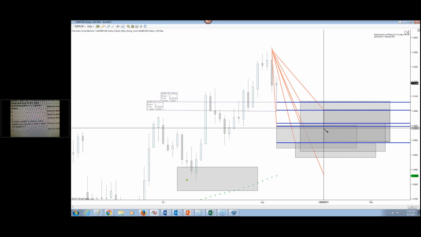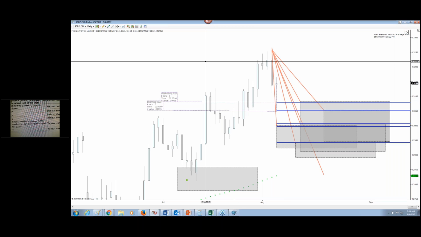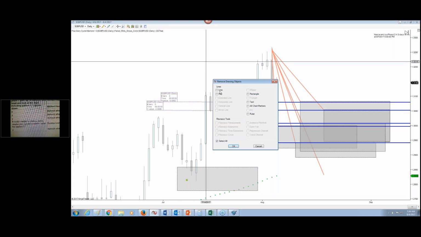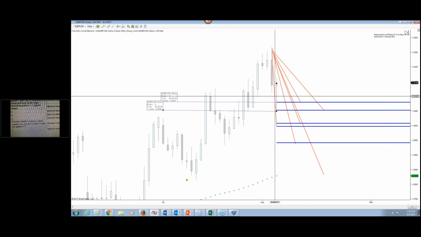Okay, so this whole area right here is a retracement area on the pound dollar. So I'm going to take the rectangles and get rid of those. Okay, and we'll get rid of the orange lines here too.